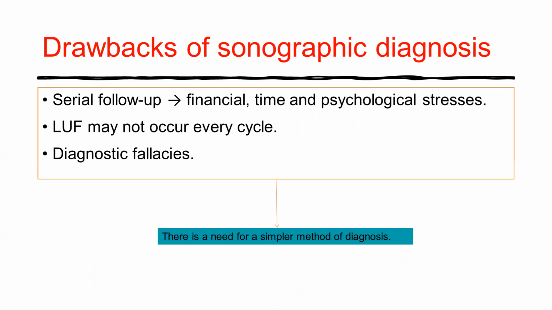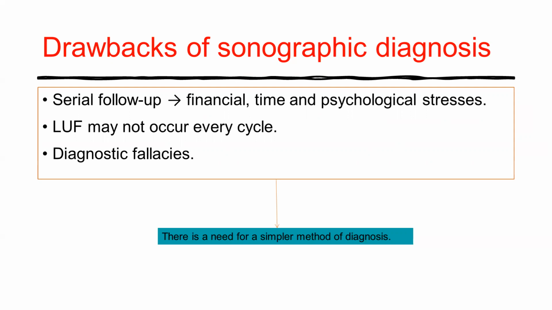So the only diagnostic way for LUF is ultrasonography. But doing ultrasonography serially for all infertile women coming to the clinics is very difficult because of financial problems for the patient to pay for frequent ultrasound visits, and to come to the hospital and leave her work.